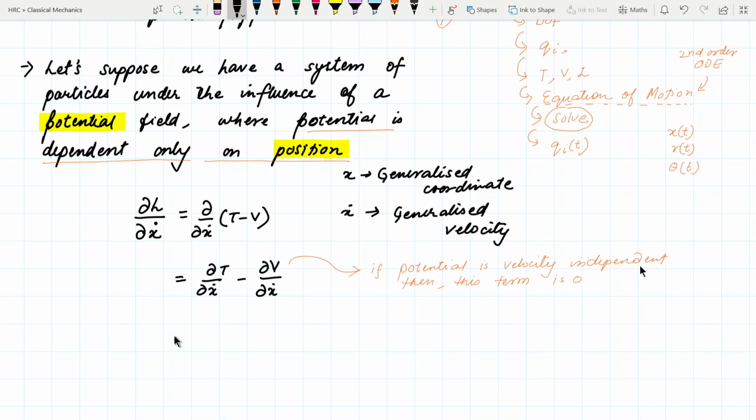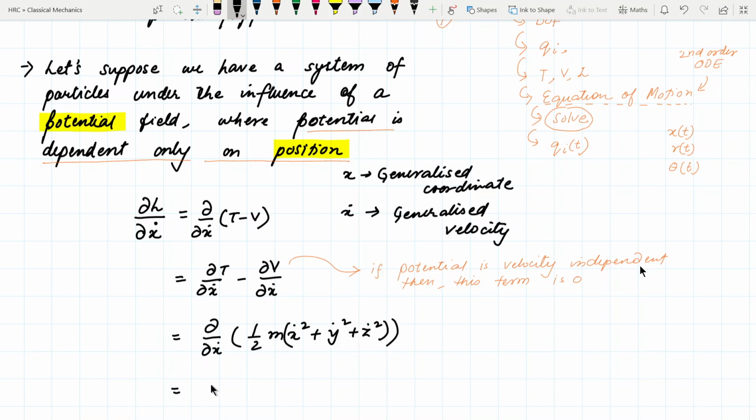So this simply gives us ∂/∂ẋ of half m (ẋ² + ẏ² + ż²), let's suppose.